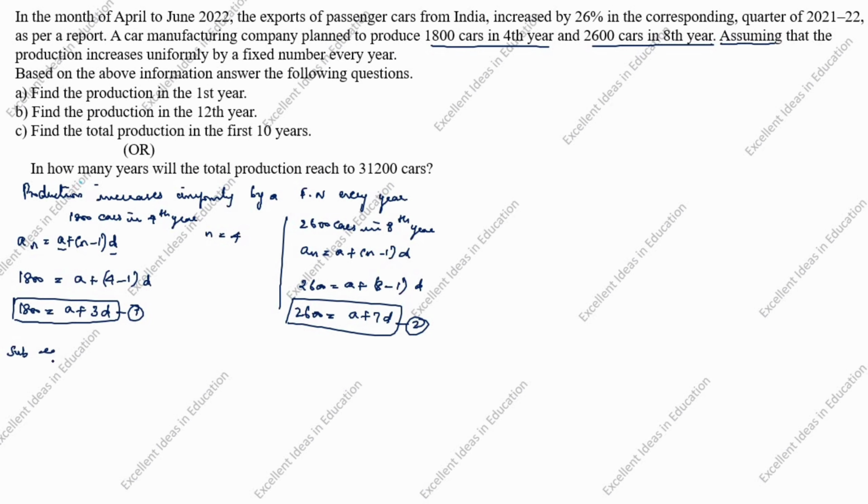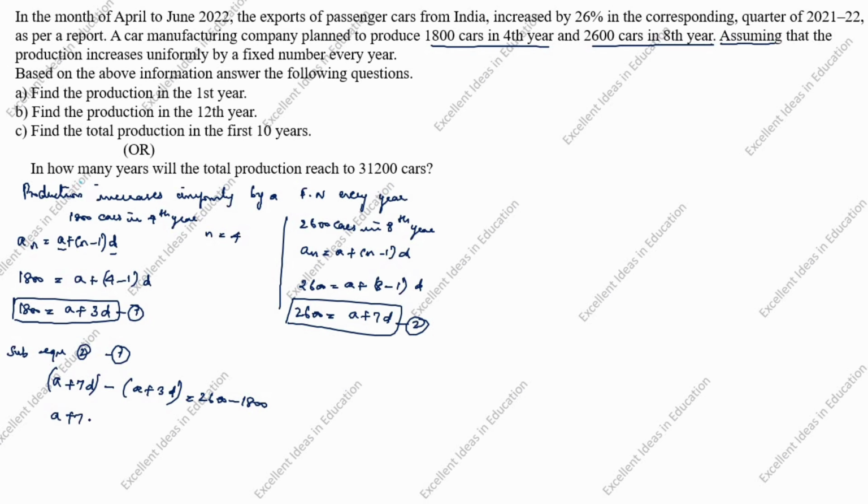Subtract equation 2 minus 1. Equation 2 is a plus 7d, minus (a plus 3d), equal to 2,600 minus 1,800. We take the biggest minus the smallest. That's why we took a plus 7d first, after that a plus 3d.